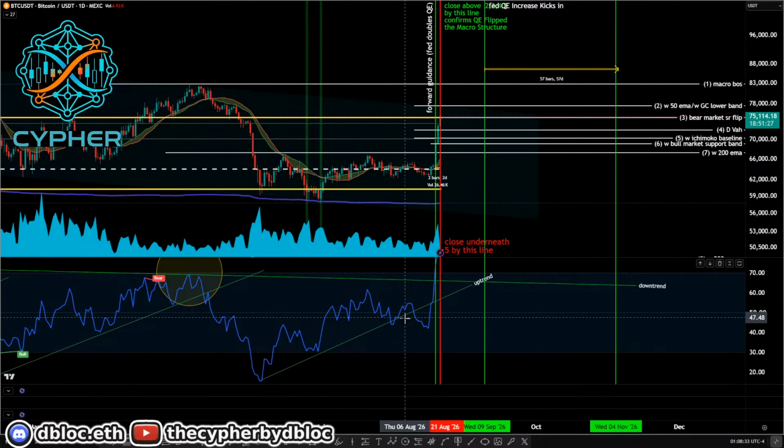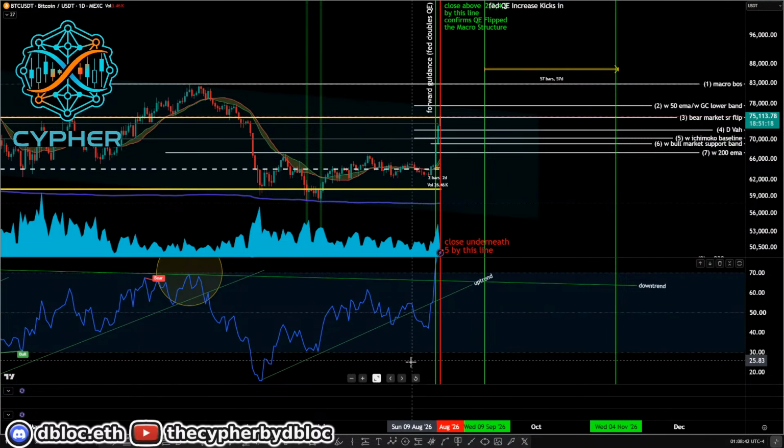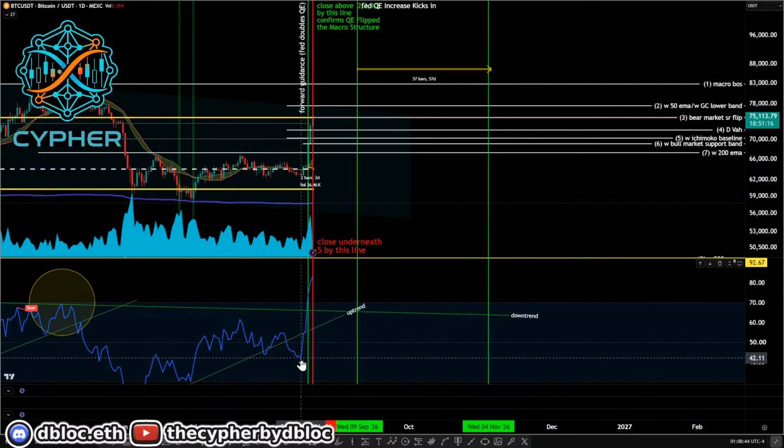Well, here we broke that uptrend and started making that move down. Then the news came in. Got us back above the uptrend and broke the downtrend. Right? The reason that this is so hard to judge is because of how news-based this catalyst is.